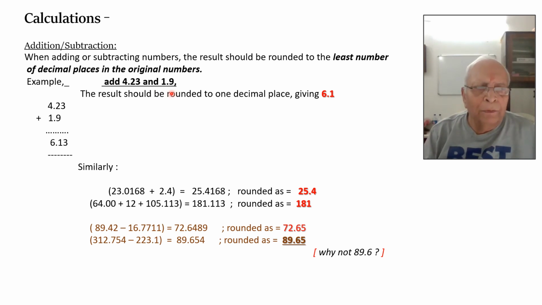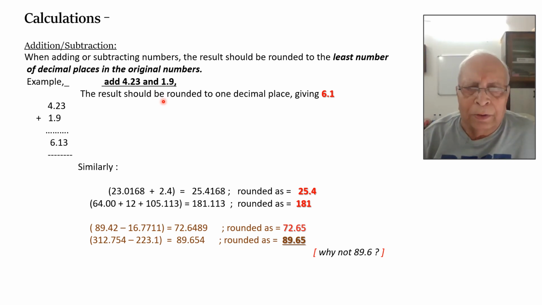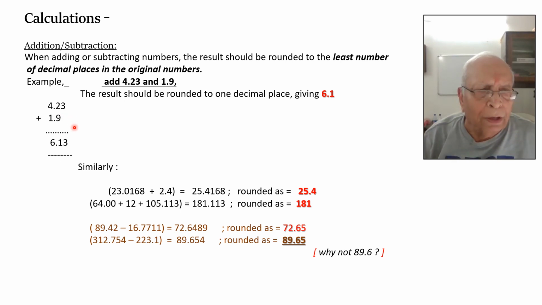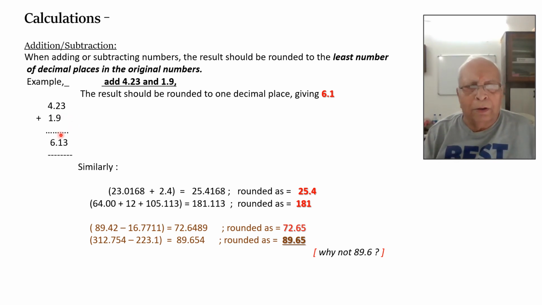Now, the answer or the result which you get should be limited to the number of significant figures of a number which has the least number of significant figures. For example, as you see here, there are 3 significant figures in 4.23. 1.9 has got 2 significant figures. So our answer should be limited to 2 significant figures, and it will be 6.1.